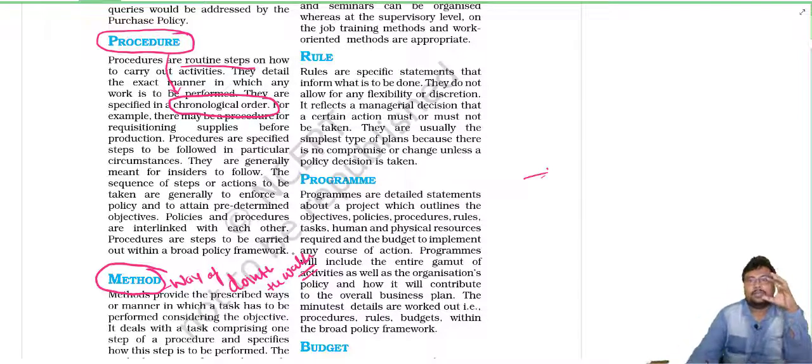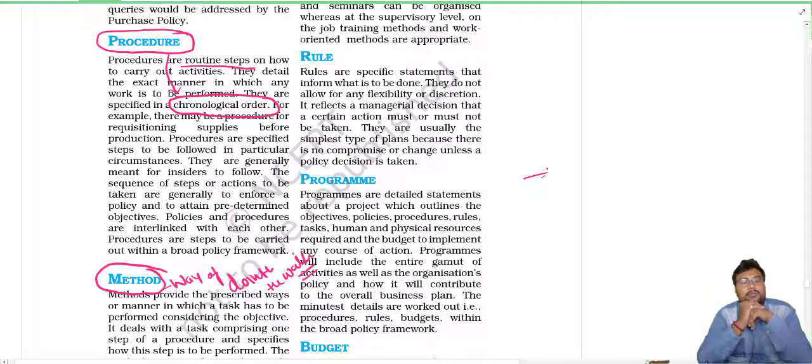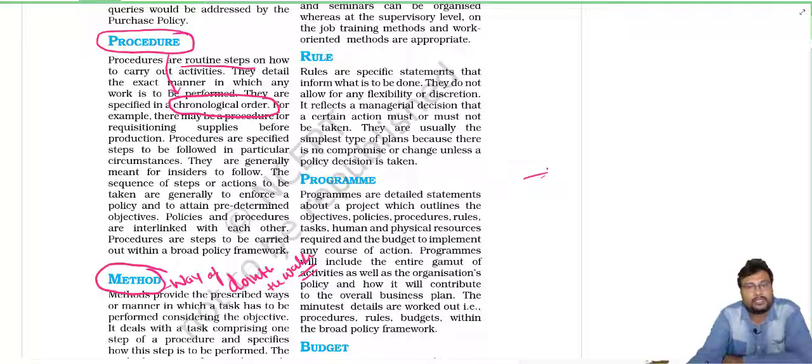Suppose we have to complete a task, and for completing that task a prescribed way is there. Already a way is explained for how to complete that task, that is considered as method. So the sequence that is there is considered a procedure, and according to that procedure the way of completing that task is considered a method.